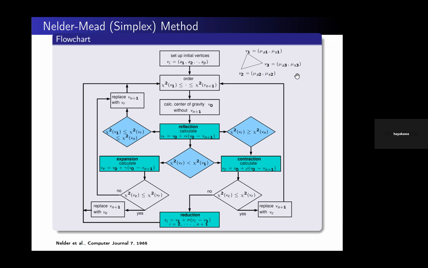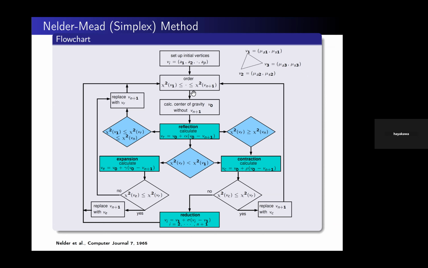But let's keep it simple. We're looking for mu A and mu S. We've got 3, we just take 3 initial guesses. And we determine the chi-squared. So you have your measurements, you have your model, you determine your chi-squared value at these 3 vertices.